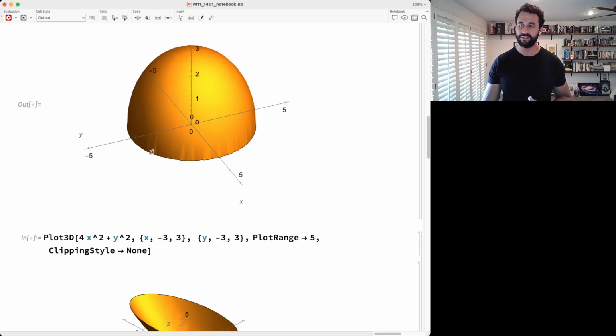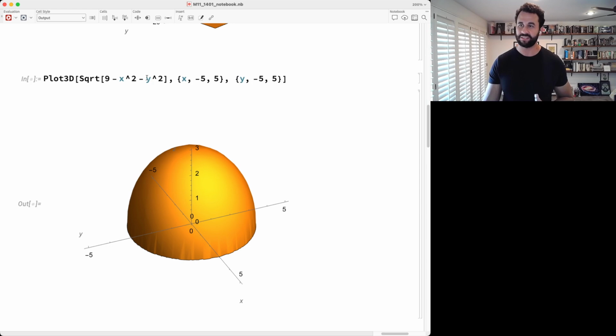Well, what's happening is you're getting this artifacting on the edge because, look, our function is in terms of x and y. So our function is in terms of rectangular coordinates, wink, wink. But the object we are trying to describe is circular or spherical in nature.